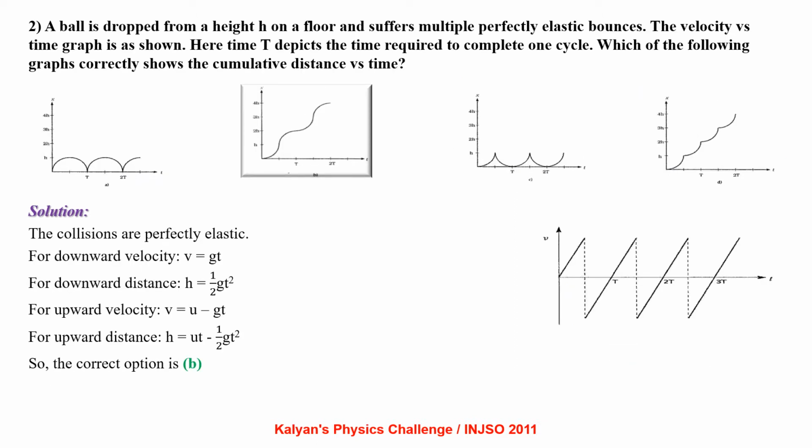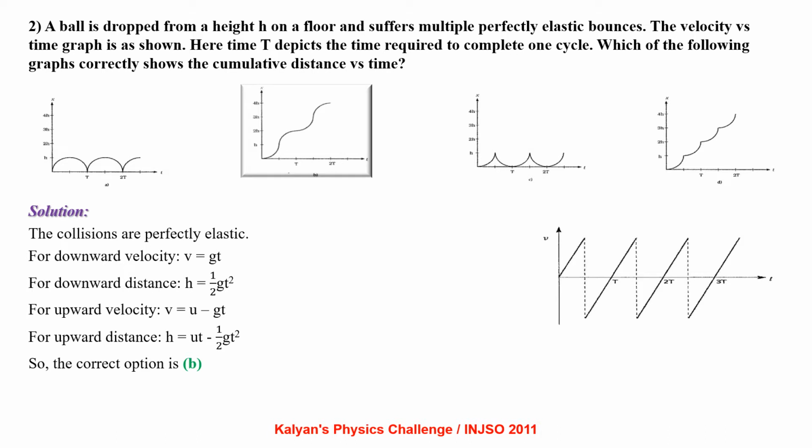A ball is dropped from a height h on a floor and suffers multiple perfectly elastic bounces. The velocity versus time graph is as shown. Here time t depicts the time required to complete one cycle. Which of the following graphs correctly shows the cumulative distance versus time? The collisions are perfectly elastic.